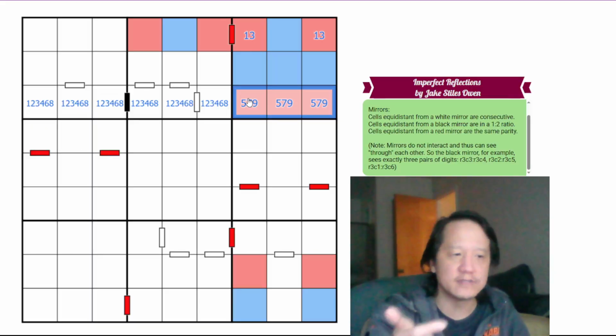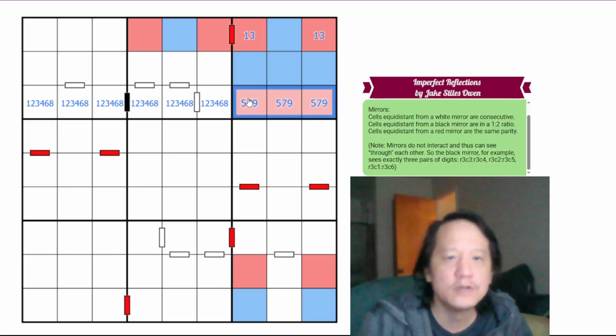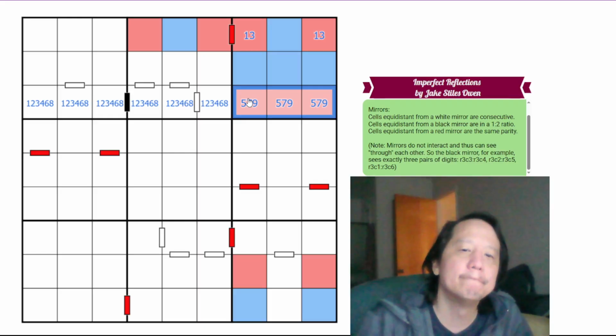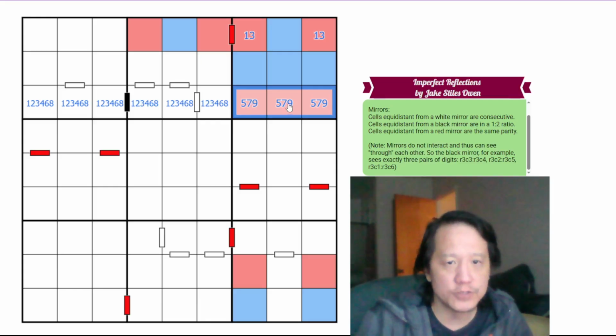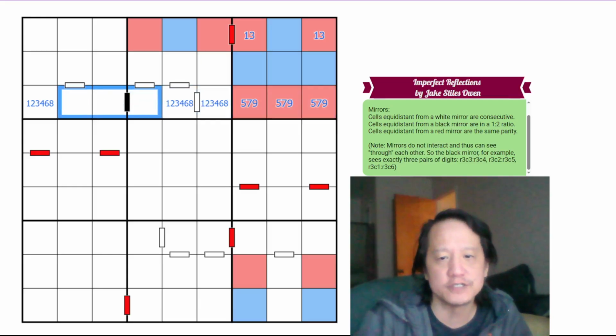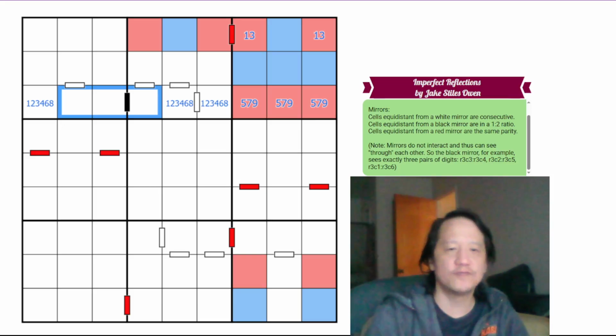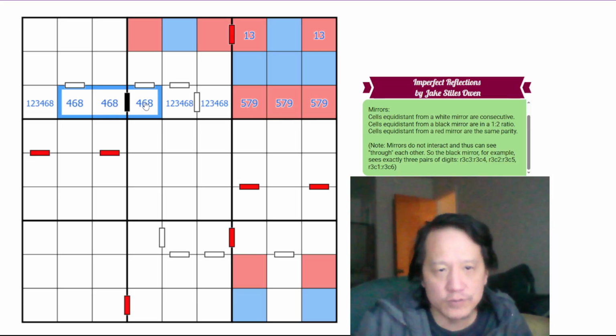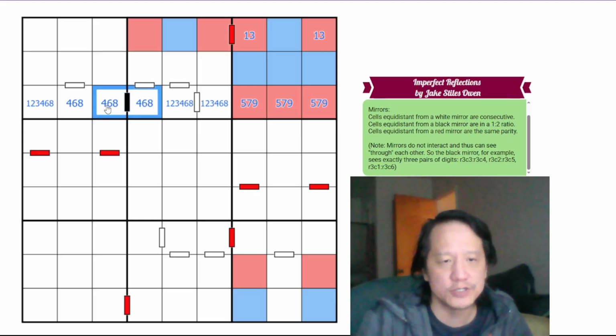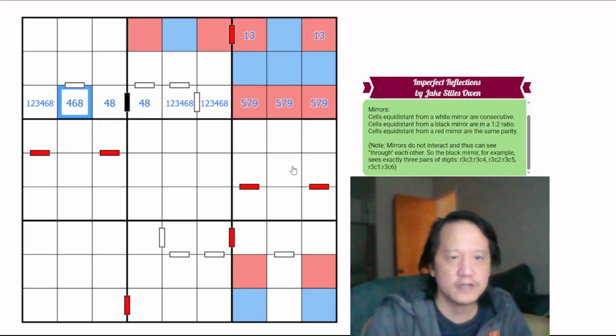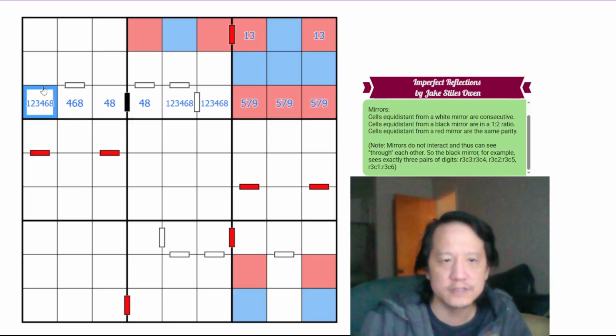And 5 has to be next to 4 or 6, but 6 is taken now, so it has to be next to 4. So opposite of these three across the mirror have to be 4, 6, and 8. Of those, the only two that can be in a 1 to 2 ratio are 4 and 8. So therefore, this is 6.